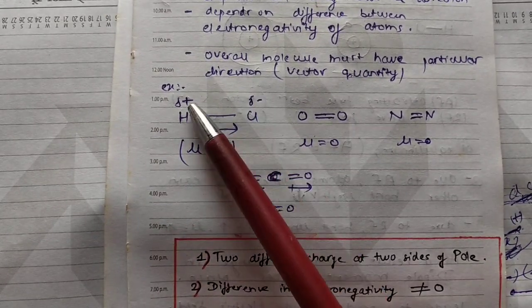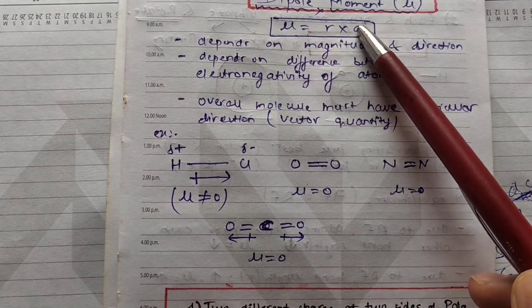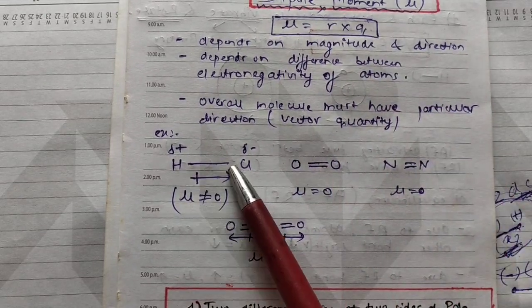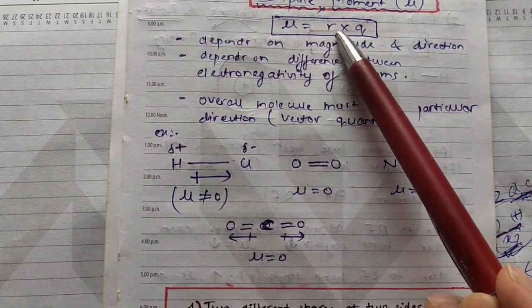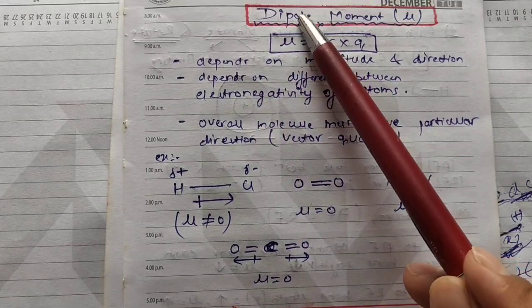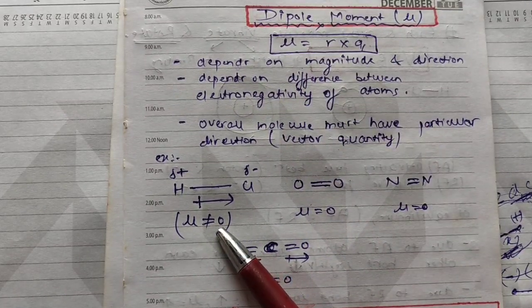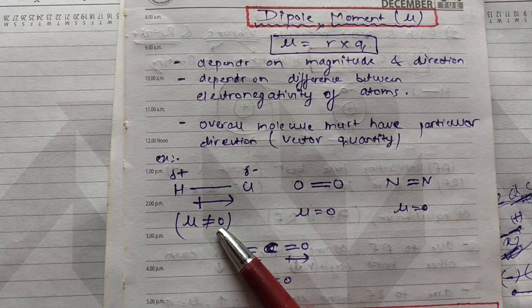So there is charge, and you get the value q. They are separated by some distance, so you have r also. So the strength, the dipole moment, will never be zero; they will have some dipole moment.